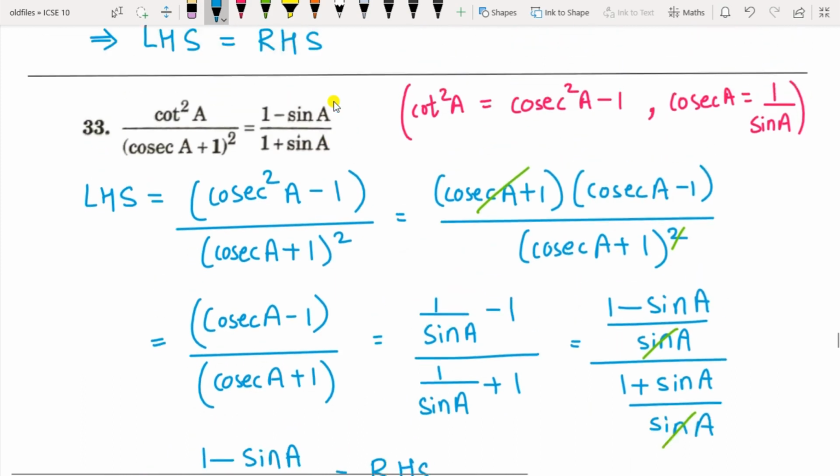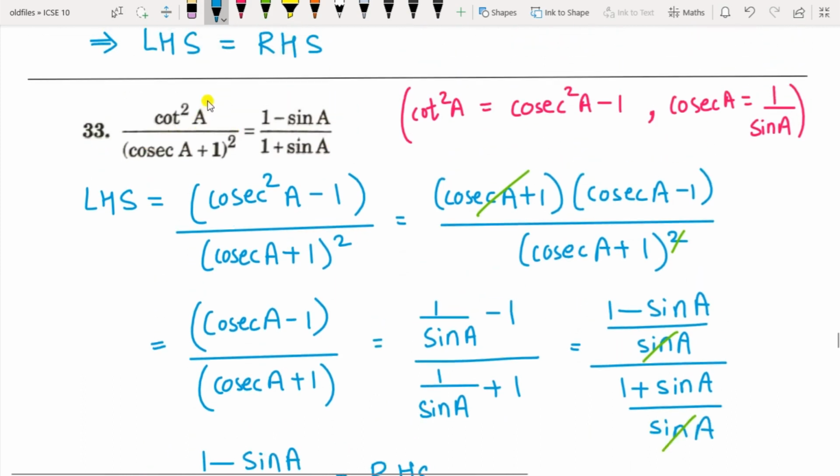Question 33. This is cot square A upon cosec A plus 1 the whole square. So for cot square, I am substituting here cosec square minus 1, that is cot square. Now this is A plus B, A minus B. You have to split it into this pattern, and this is cosec plus 1 the whole square. So the plus 1 bracket will be cancelled here. So what will remain?